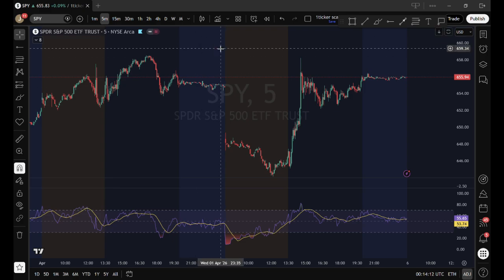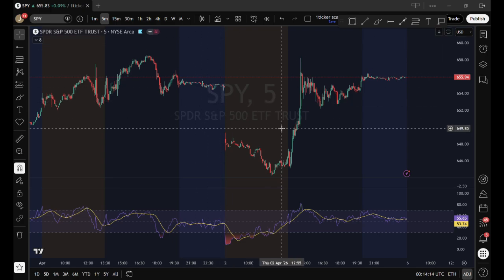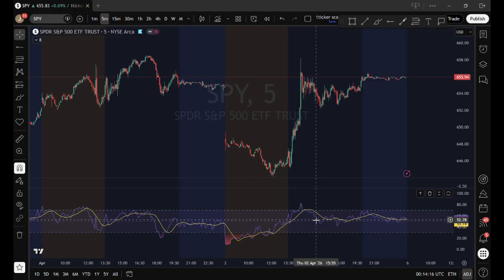One mistake beginners make is treating the RSI like a buy button and a sell button. It's not. In strong trends, RSI can stay high longer than you can think. The market can be irrational longer than you can be solvent. You can't just use the RSI like right here.